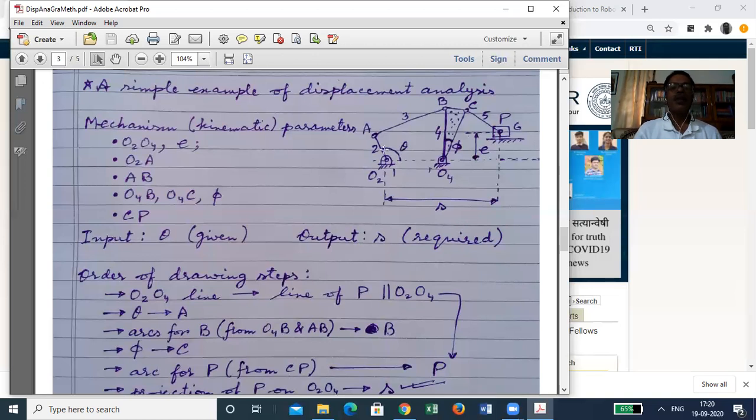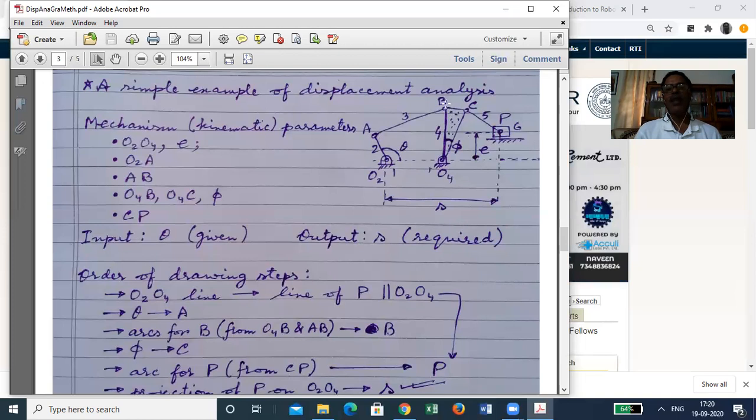So you make this angle and cut O2A, you have located point A, and from this point onwards, see how this diode thing comes into the picture. Now you see the point A you have located, point O4 is anyway known, and now the next point is to try to determine the location of point B.